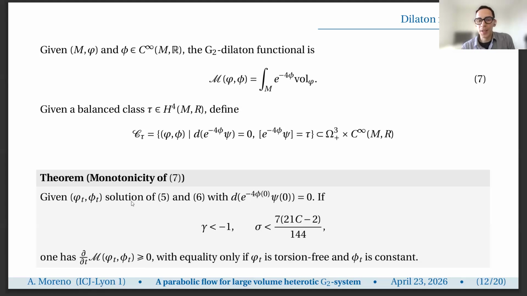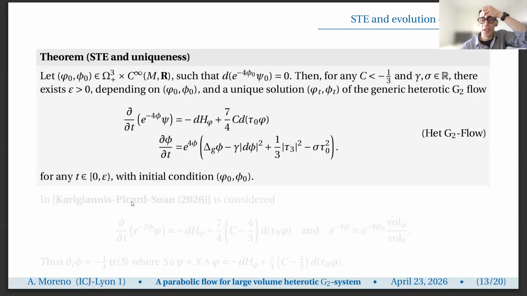So with these properties and this characterization of the critical points, we can state our first result, which is the short time existence for our heterotic G2 flow.